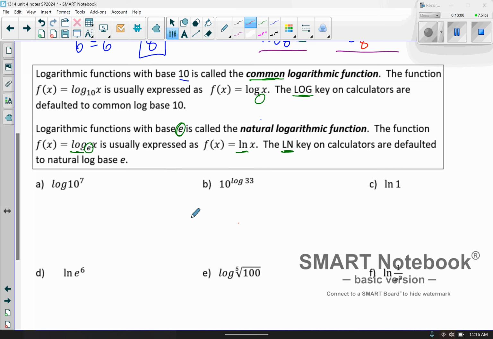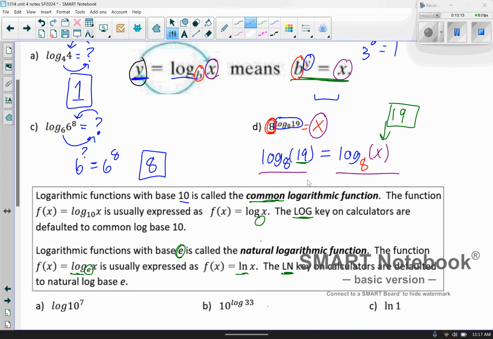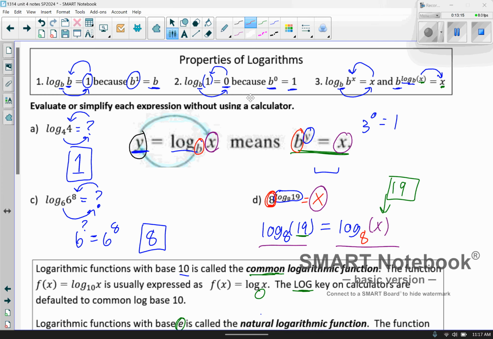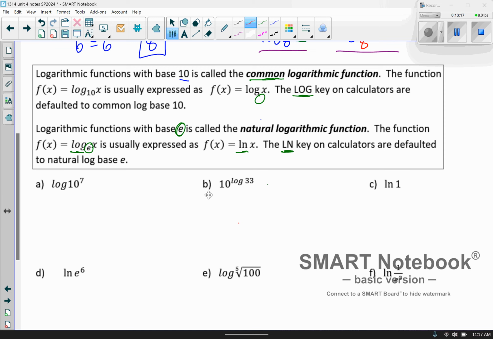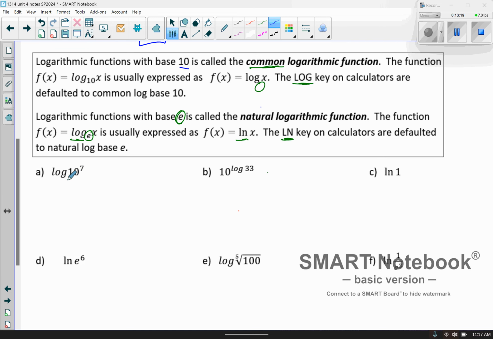Okay, so we're going to do a couple of these, and you really don't need a calculator for these. By using the rules that we have up here, these properties, we should be okay. So if you look right here, I have an understood base 10, and so you're trying to figure out 10 to what power gives me 10 to the power of 7?